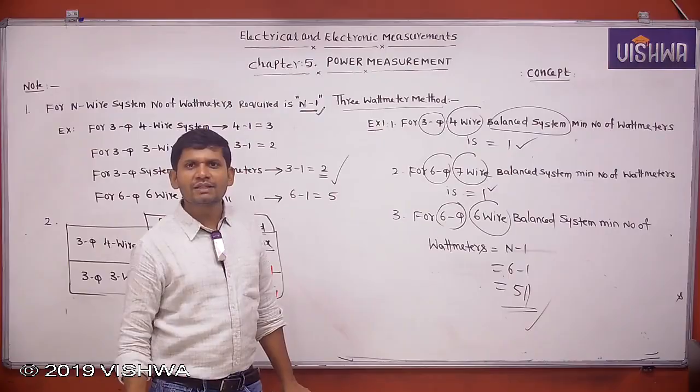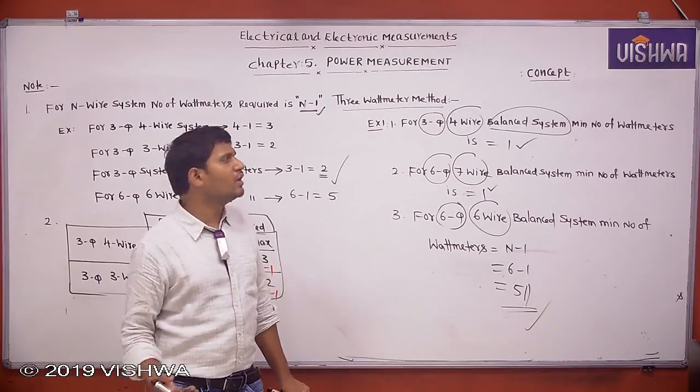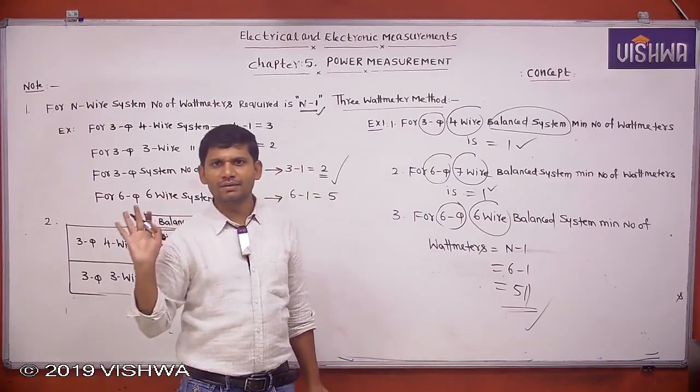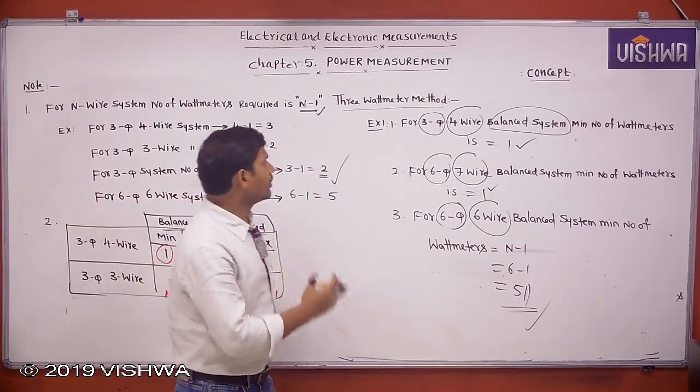Like this we can select the number of wattmeters to measure the power. Okay, this is given according to Blondel's theorem. Understand? Quickly note down.